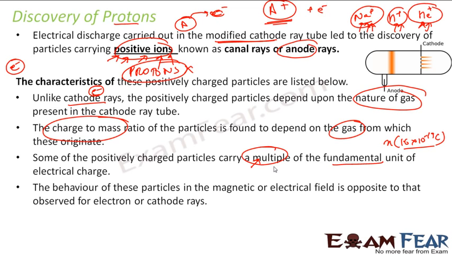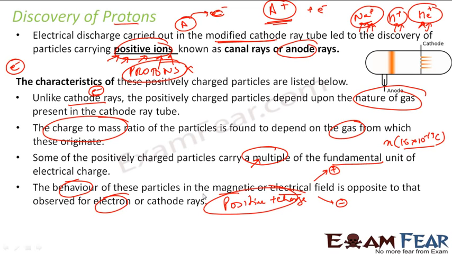They also found that the behavior of these particles in magnetic and electric fields is just opposite to that of electrons. If the electron was attracted toward positive, this particle is attracted towards negative. That means the particles we are talking about have a positive charge, because electrons have negative charge.